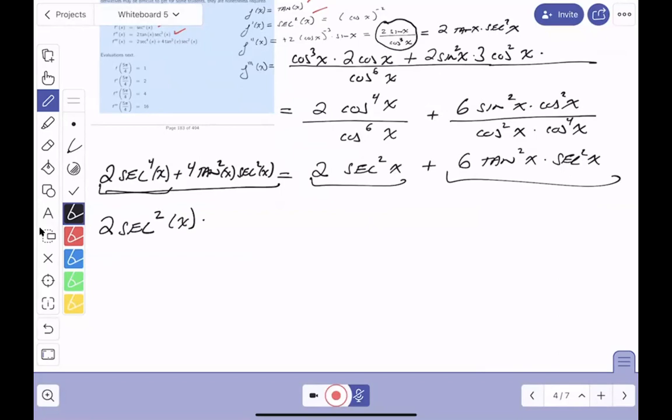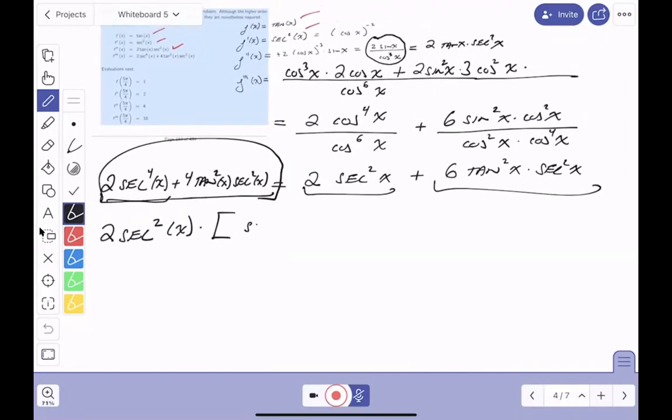And again, I'm picking this side. What would you be left with? You'd be left with secant squared x, that's the first term, plus 2 tangent squared x.